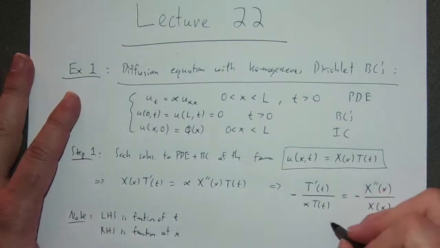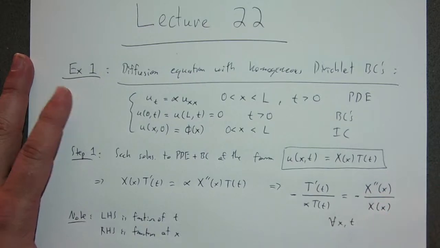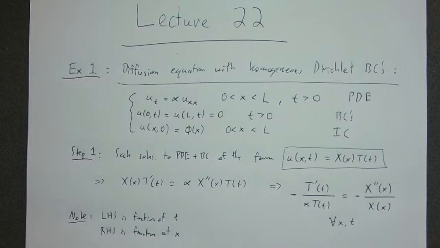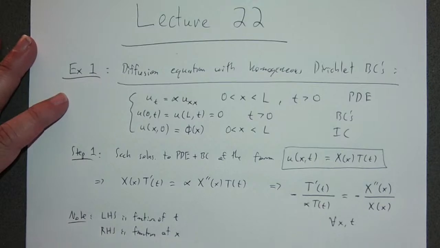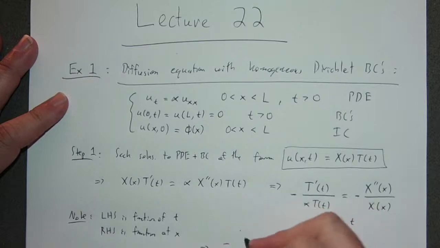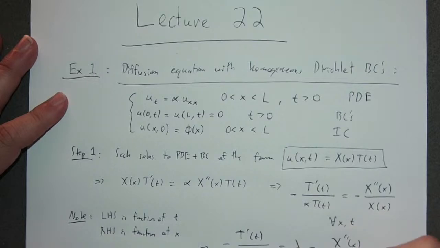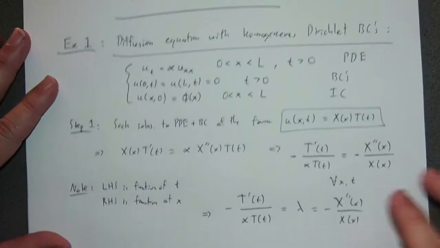So if this is going to solve this PDE, then what does that mean? It means that these two things actually have to be constant. So therefore, minus T'(t) over alpha T(t) is equal to lambda, which is equal to minus X''(x) over X(x), where lambda is a constant.